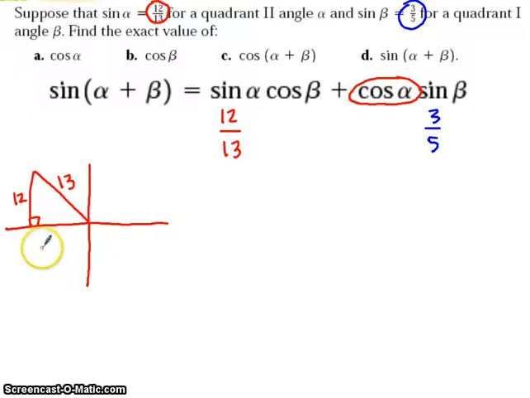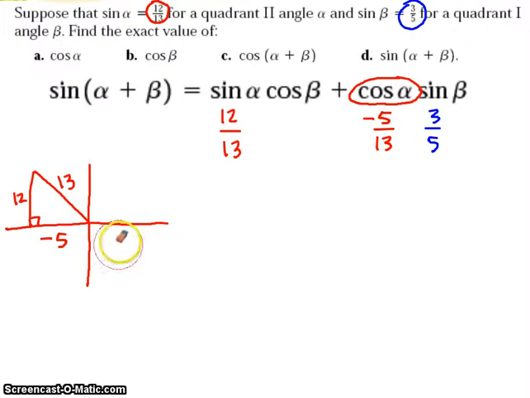Yeah, okay, so basically when we solve for x here in the Pythagorean theorem, it's going to tell us that this is a negative 5, right? And so that tells us that the cosine of alpha is equal to negative 5 over 13.